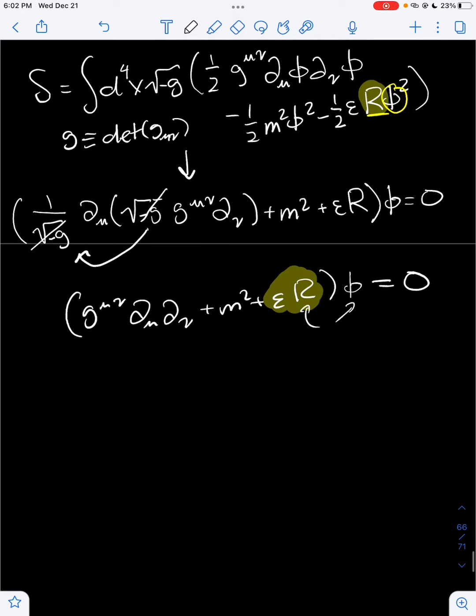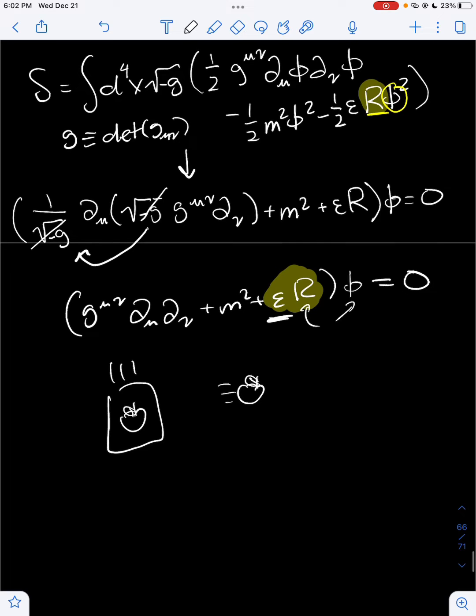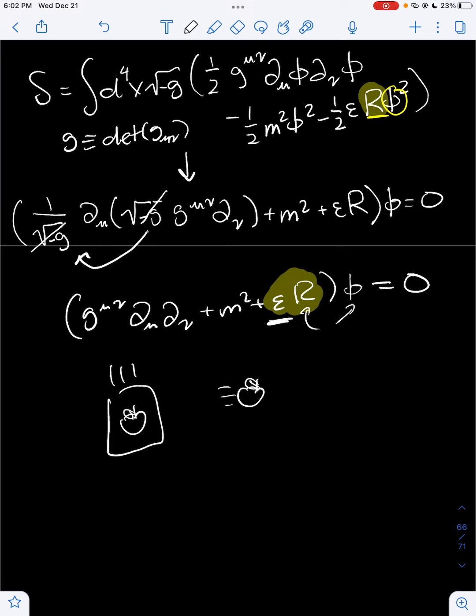This actually breaks the equivalence principle, since remember that the equivalence principle states that a falling object cannot locally distinguish itself from floating in empty space. This term in our Klein-Gordon equation says that it actually can, because for an apple falling down, the Ricci scalar is non-zero.